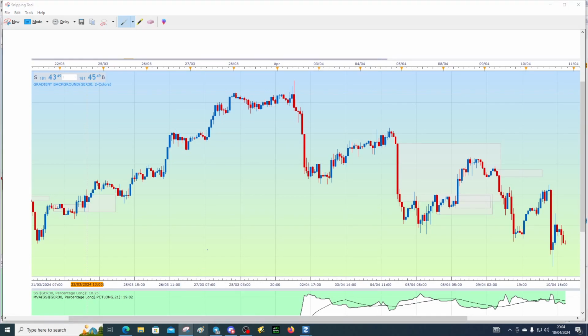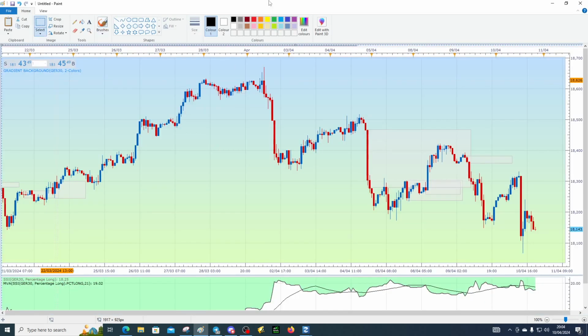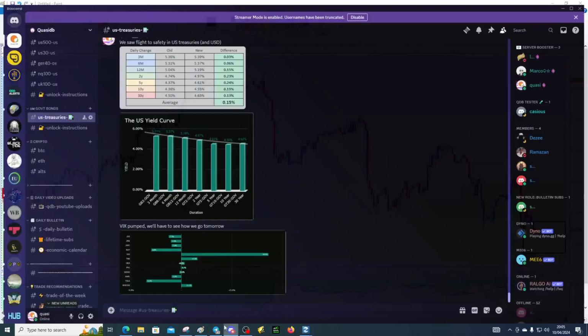So come to paint. What we did, we drew a box yesterday, and so that's that. And now they've sold it on this candle here. So that's going to be a support box, okay? We should be above that because they've sold. Okay, so we should be above there. That's that. So that can go into the DAX bit in Discord.